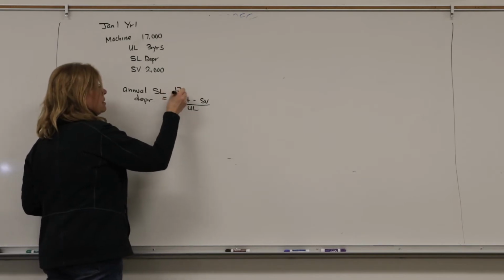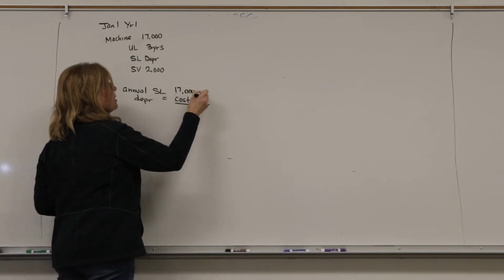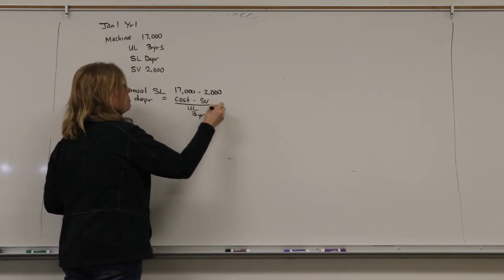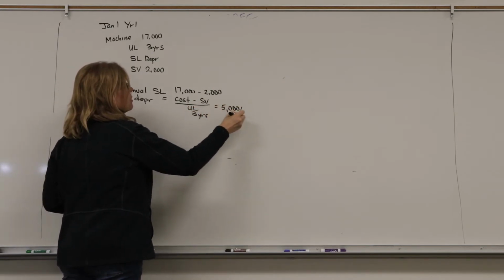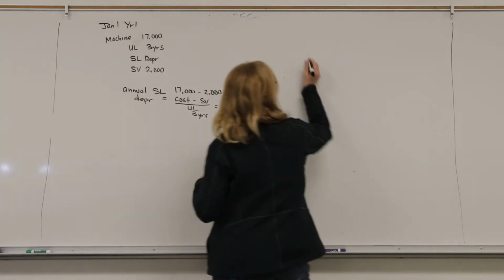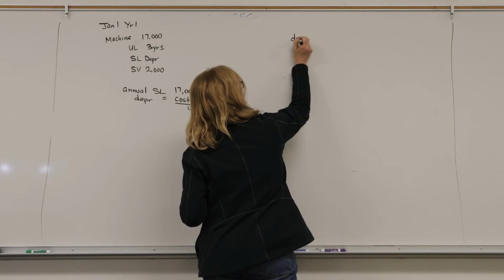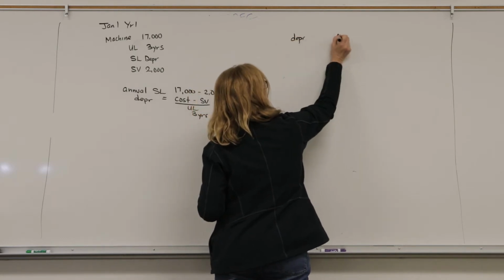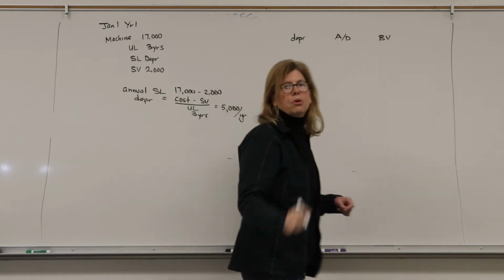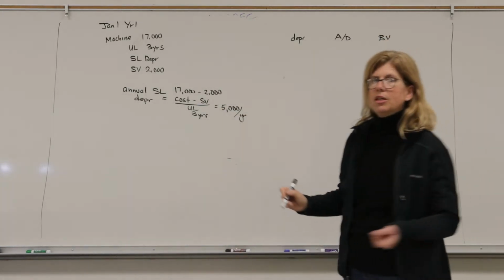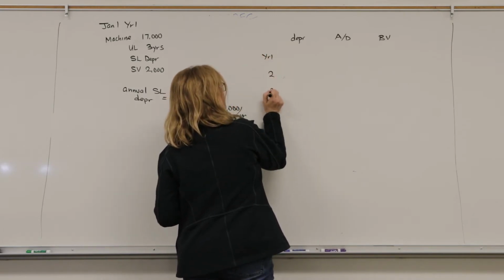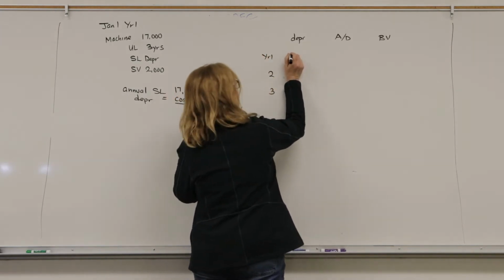So this one's easy. 17,000 minus 2,000 divided by 3 years, $5,000 a year. So if we were doing our chart, depreciation, accumulated depreciation, book value, and of course you remember book value is cost minus accumulated depreciation. In year 1, 2, and 3, straight line, gotta love it, right?